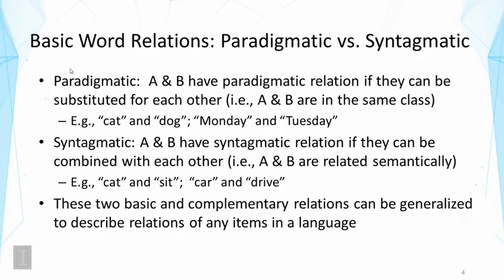Similarly, car and drive are related semantically, and they can be combined with each other to convey a meaning. However, in general, we cannot replace cat with sit in a sentence or car with drive in a sentence to still get a valid sentence, meaning that if we do that, the sentence will become somewhat meaningless. So this is different from paradigmatic relation.